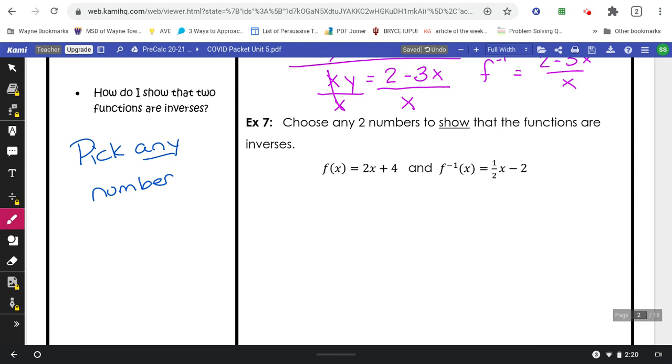So when you pick a number, you get to choose the number. You can pick a hard number to use, like a big negative or a decimal, but I would advise picking easy numbers like 0, 1, and 2. So let's just pick something easy, x equals 1.